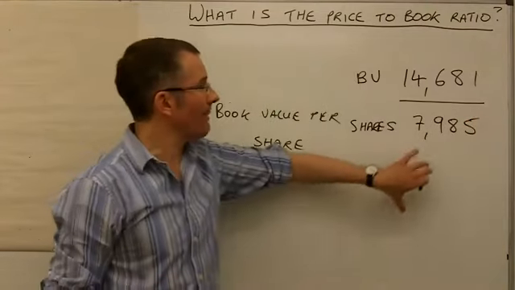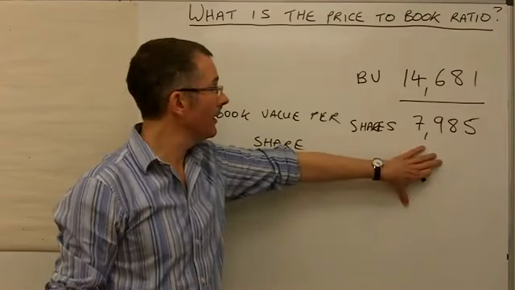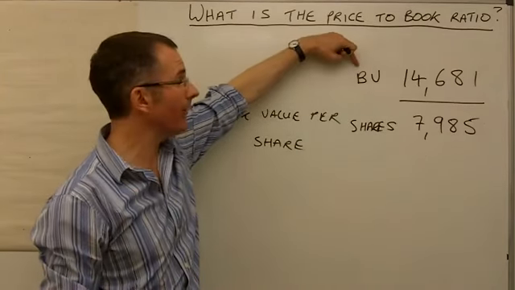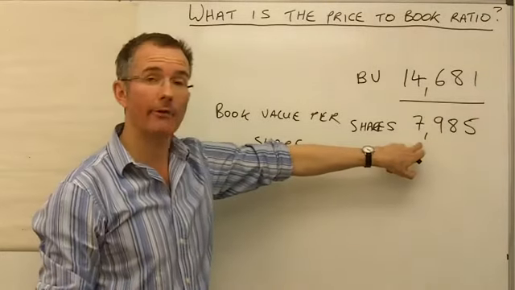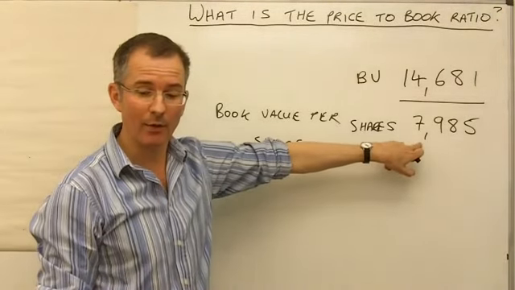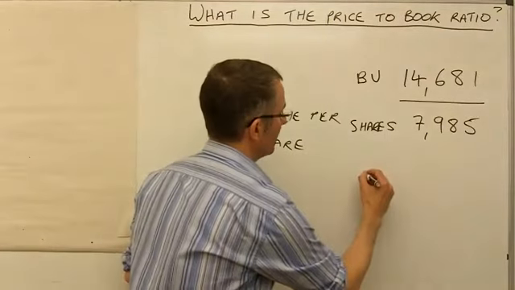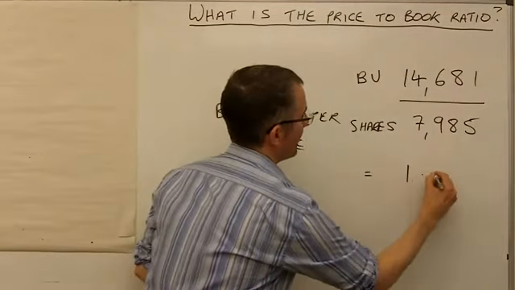So a little back of an envelope calculation there suggests that if I take the book value of all of Tesco's assets, divide by the number of shares it's issued, the book value attached to every share is around £1.84.